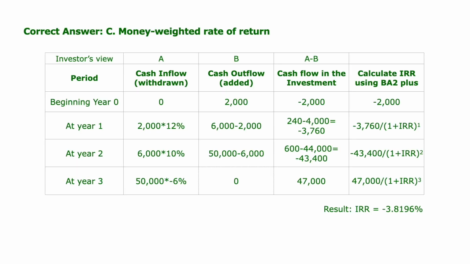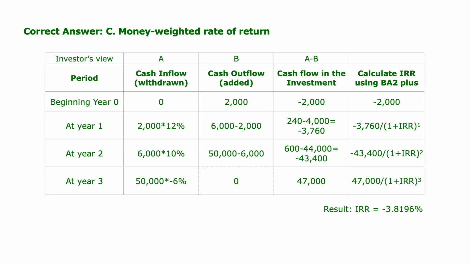The fund gets investments at different times, 2,000, 6,000, and 50,000. Returns are different each year, plus 12%, plus 10%, and negative 6%. Time-weighted return looks only at the returns each year, ignoring how much money was invested.